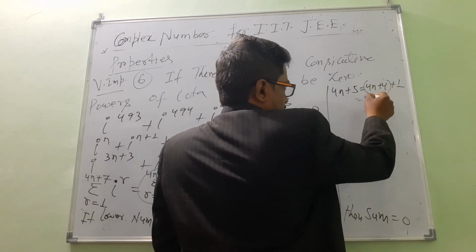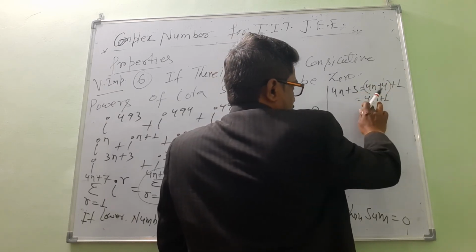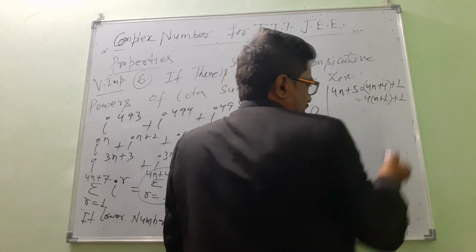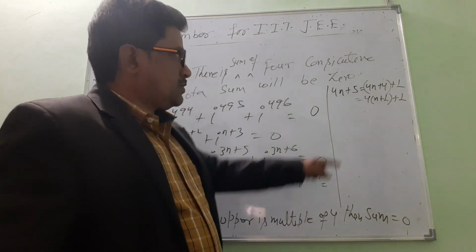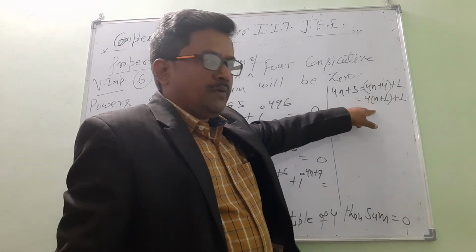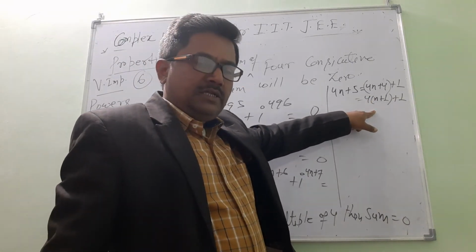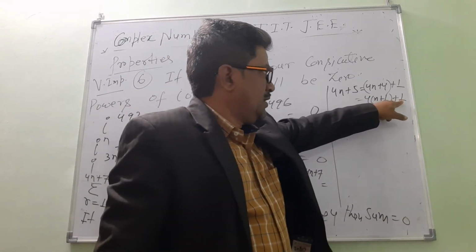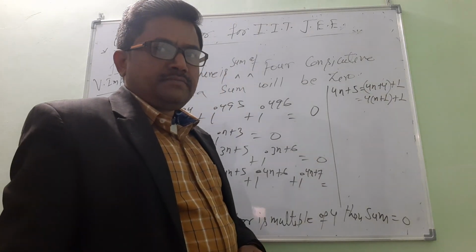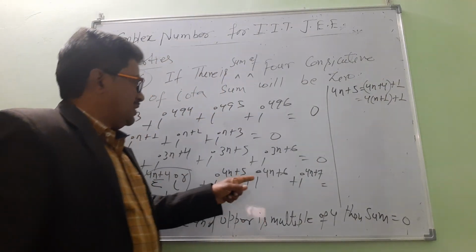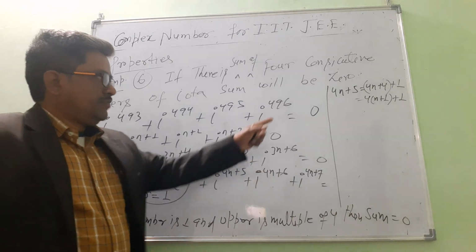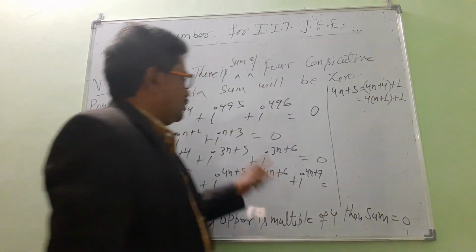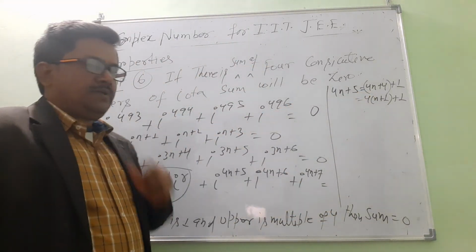If we take 4 as common, it is 4 times n plus 1, plus 1. Now if we divide by 4, the first part will be divided completely by 4 and 1 will be the remainder. Clear? Similarly, in 4n plus 6 we will do the same manner. 2 will be the remainder, 3 will be the remainder.